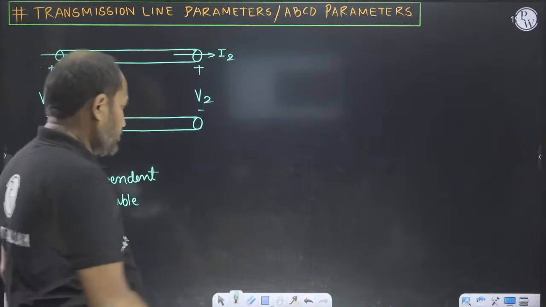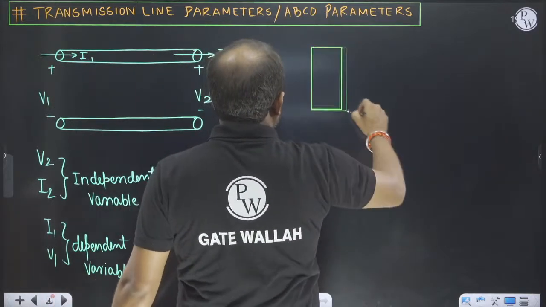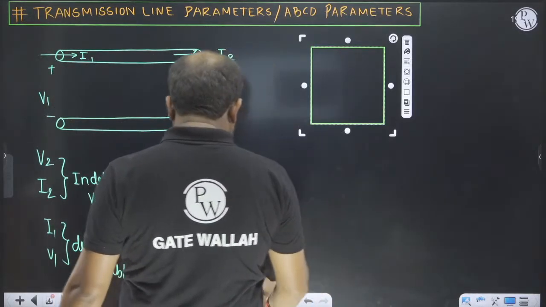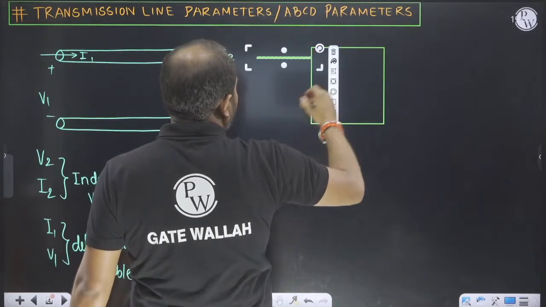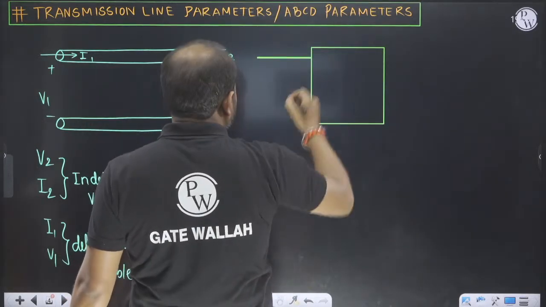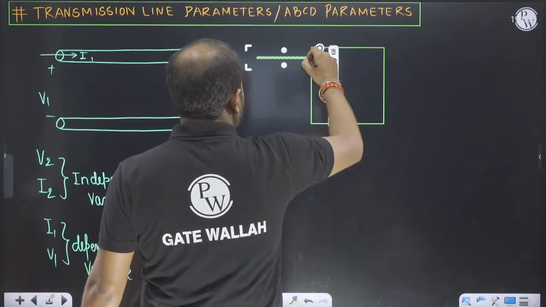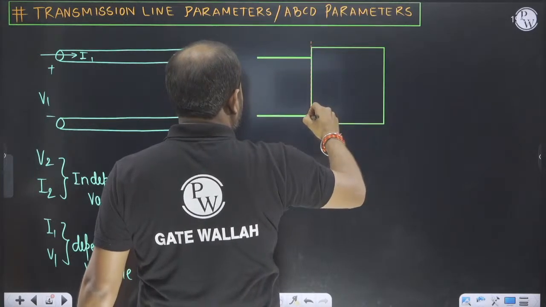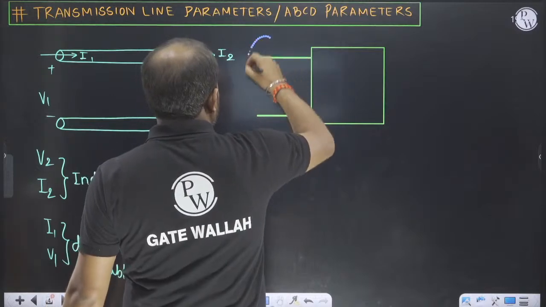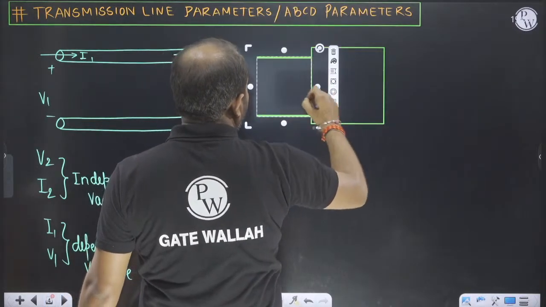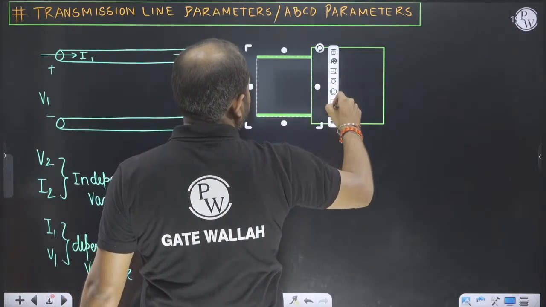Second point, we have to note that the I2 current will be in outward direction, outward from the second port. In Z parameter, it will be in inward direction. In Y parameter, it will be in inward direction. But in ABCD parameter, the I2 current will be in outward direction.